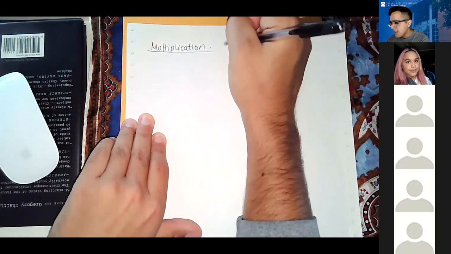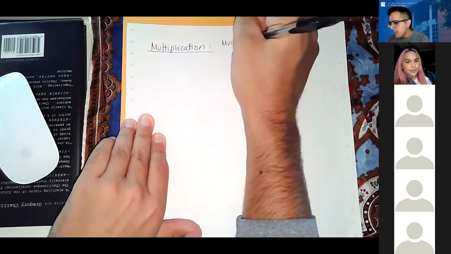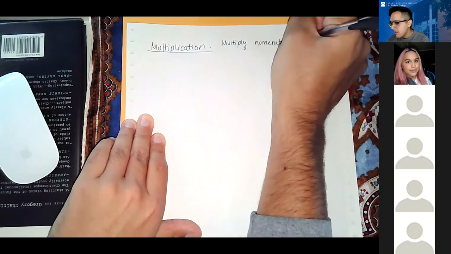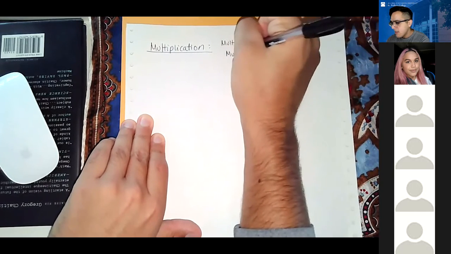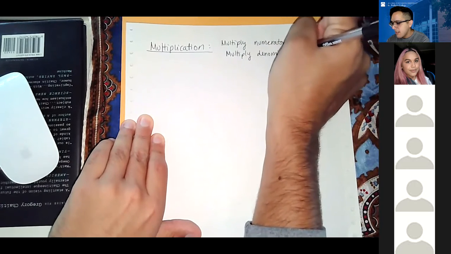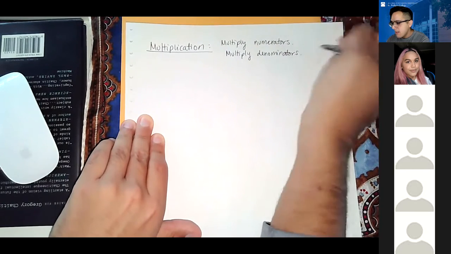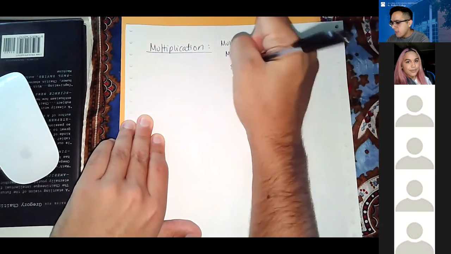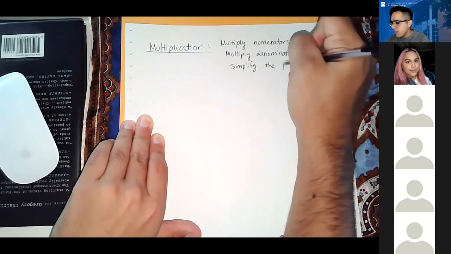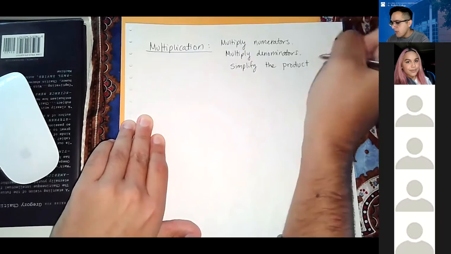Multiplication of fractions, you're just gonna multiply the numerators, multiply the denominators, and then simplify the fraction, simplify the result. I'll say simplify the product because that's how we want to talk about multiplication.